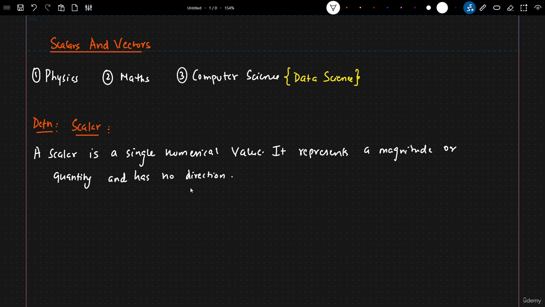I hope many people have probably seen this definition. A scalar is a single numerical value. It represents some magnitude or quantity and has no direction.